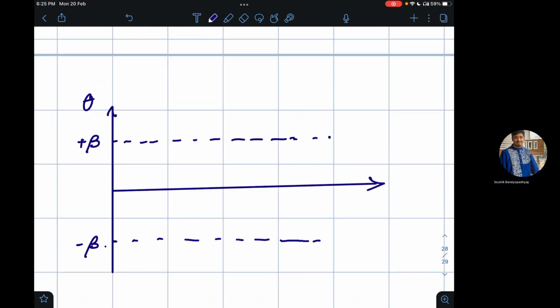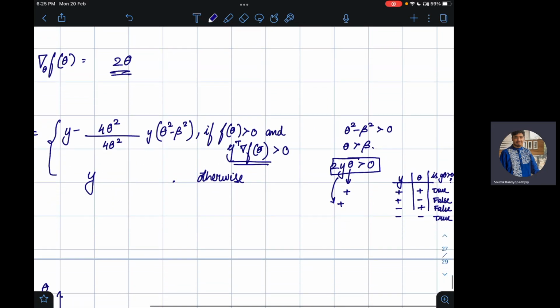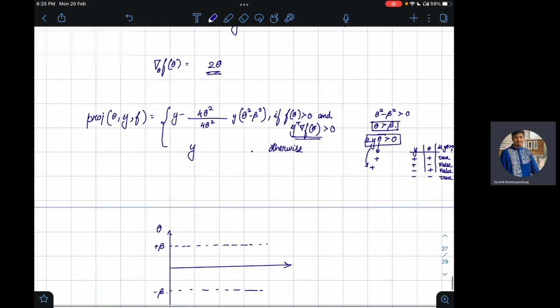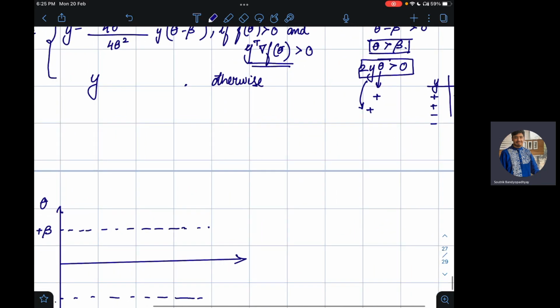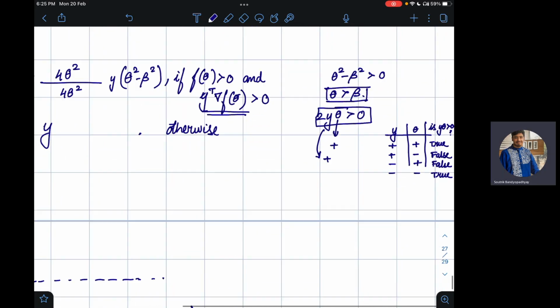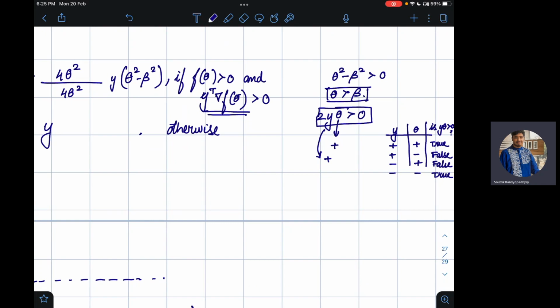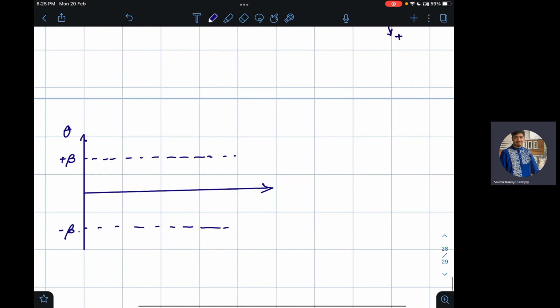Now, the first condition is that theta must be greater than beta, or theta must be less than minus beta. So there are two conditions over here. So it's either here or here, right?